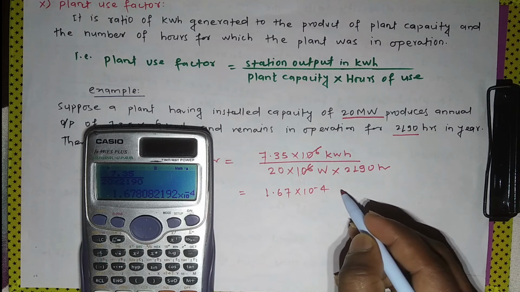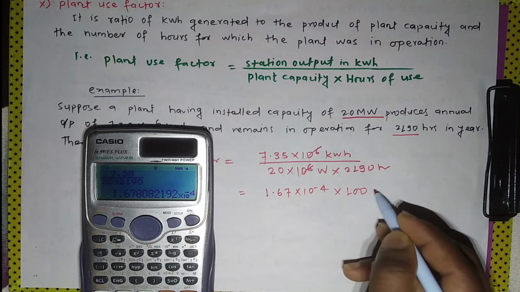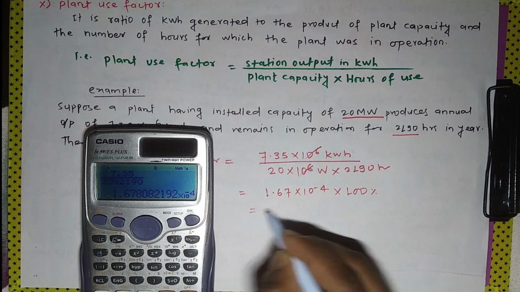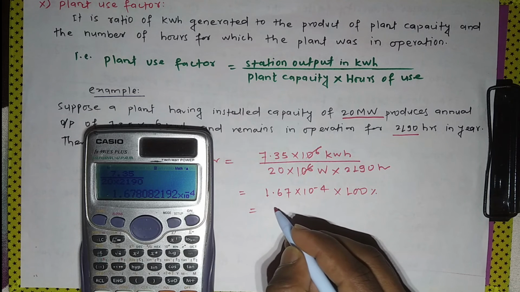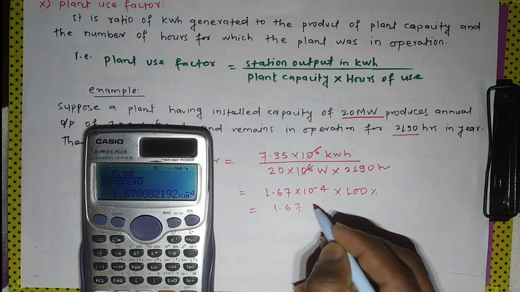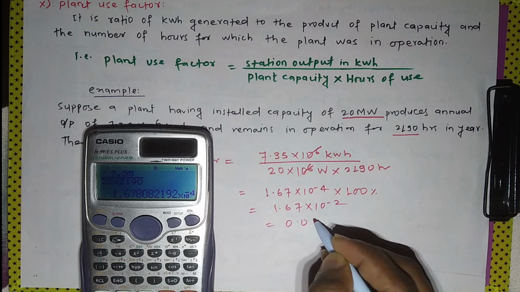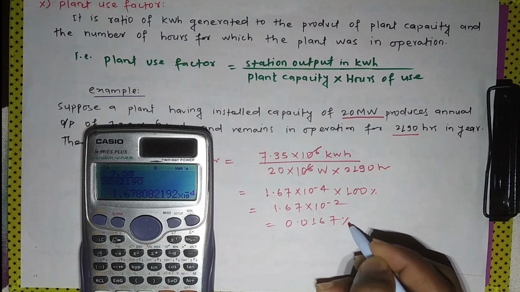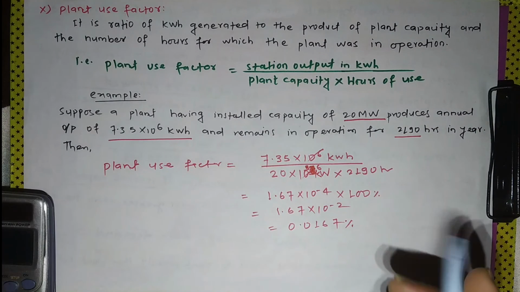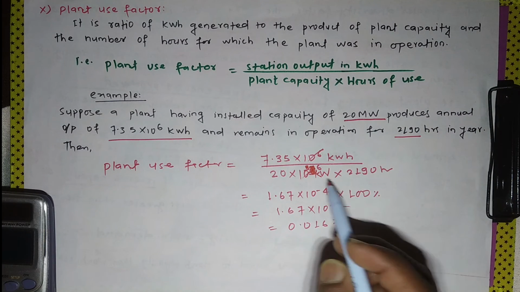We can also convert into percent by multiplying by 100, then there would be 1.67 into 10 to the power minus 2 percent, that is 0.0167%. Sorry, I made a mistake.